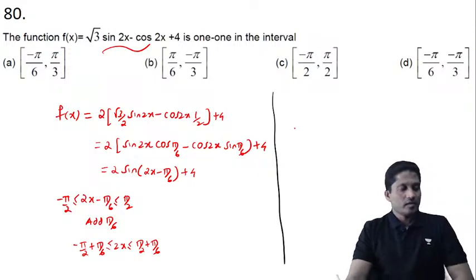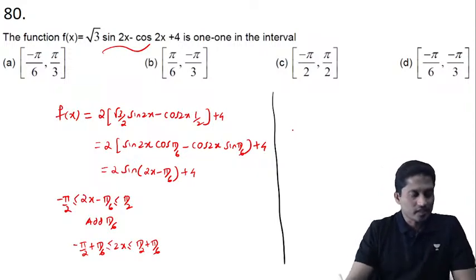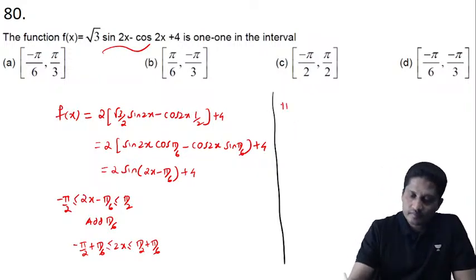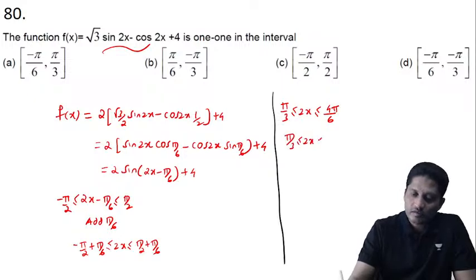Minus pi by 2 plus pi by 6 will give me minus pi by 3 is less than or equal to 2x less than or equal to, LCM is 6, 4 pi by 6, which is 2 pi by 3.